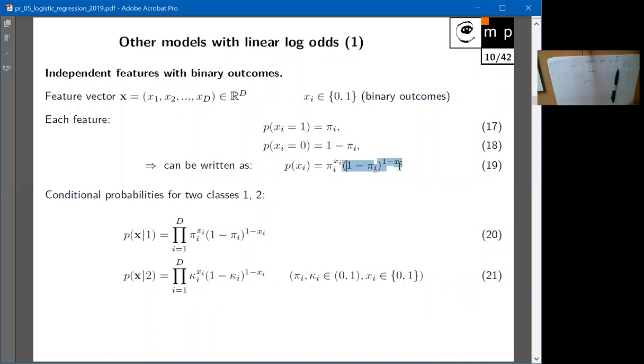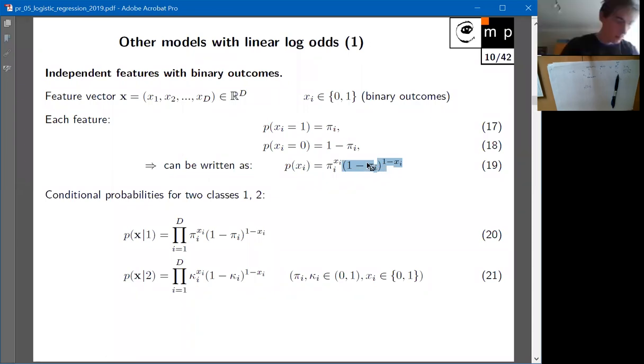And the second part, something to the power of 0 is 1, and multiplication by 1 is like no change. And pi i to the power of 1 is pi i. If we switch to 0, the first part is switched off, and the second one is true, 1 minus pi i. So that's for one feature, and then we do it over all dimensions.